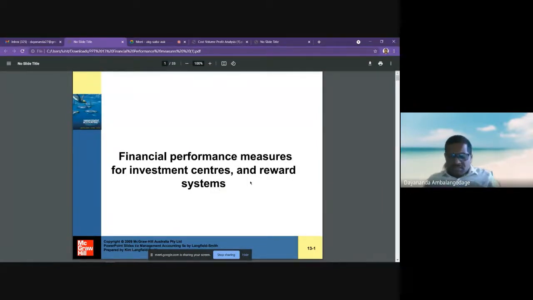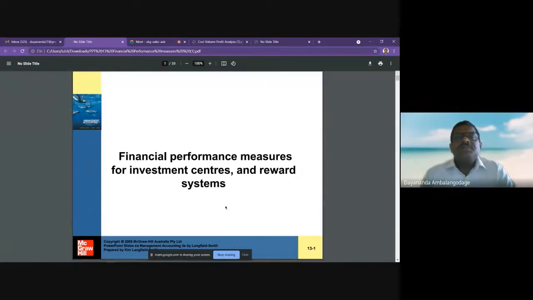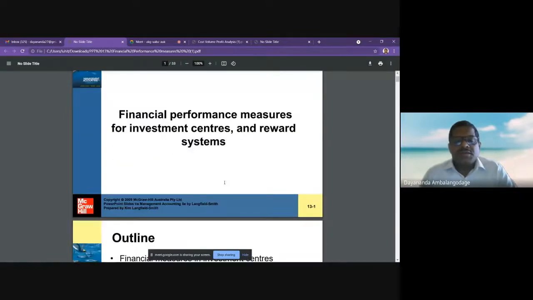Now we have covered basically 4 areas: time value of money, cost of capital, capital budgeting, and CVP analysis. CVP analysis is not a big thing. It's just dividing fixed cost by unit contribution. We discussed how to calculate the fixed cost last week, and unit variable cost and contribution, etc.